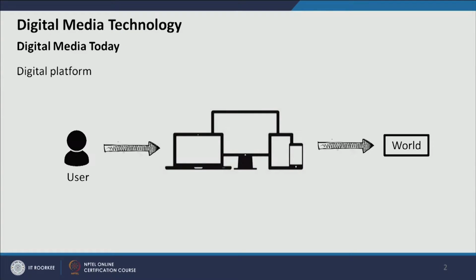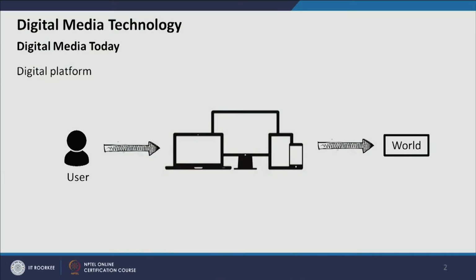Today, if we look at this, this is the paradigm. The paradigm works in this way. The user is there, and we can perceive digital media through our laptop, desktop, tab and mobile phones, and we can connect with the world. So here we are designing for these platforms.